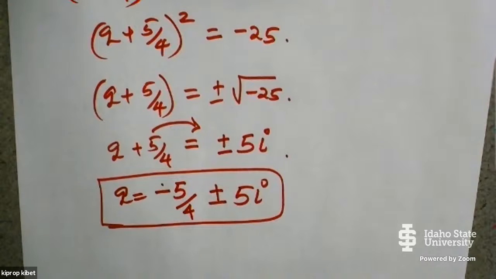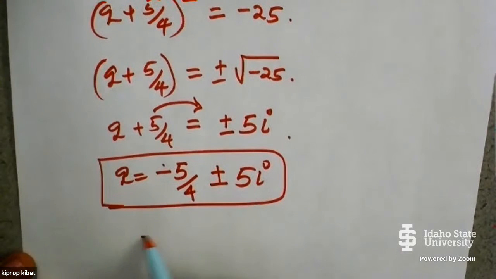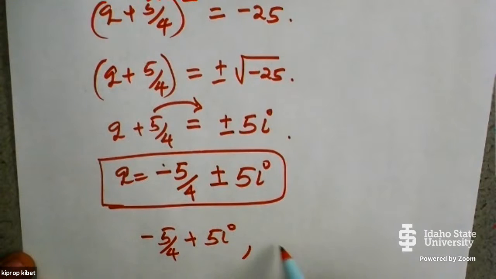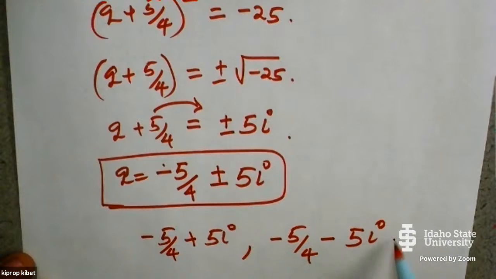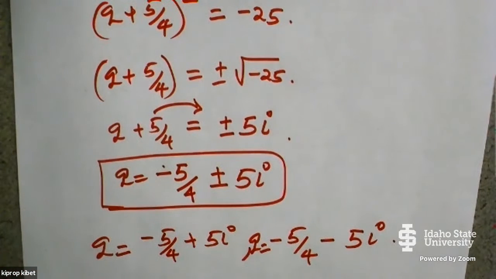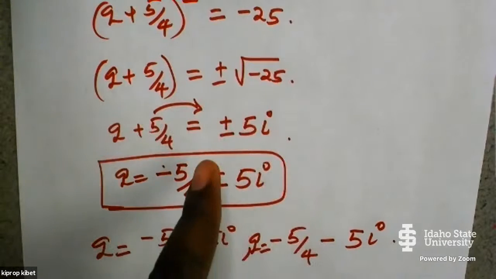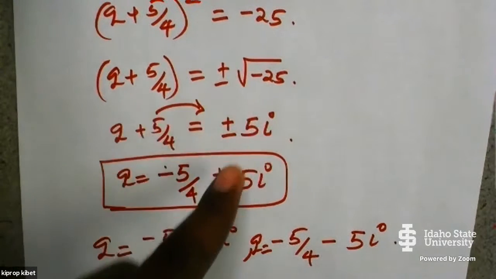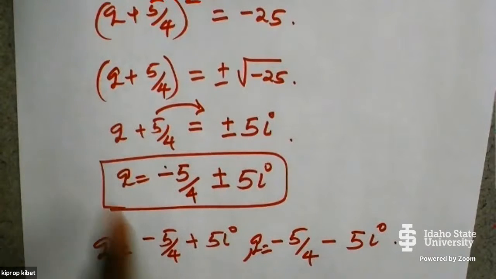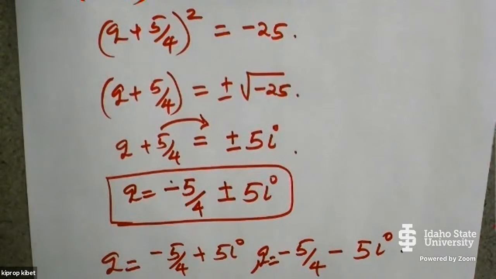So in Newton, it will be minus 5 all over 4 plus 5i, comma, minus 5 all over 4 minus 5i. Okay? That's clear? Yeah, so you take this one to the other side, so it will be minus 5 over 4 plus or minus.